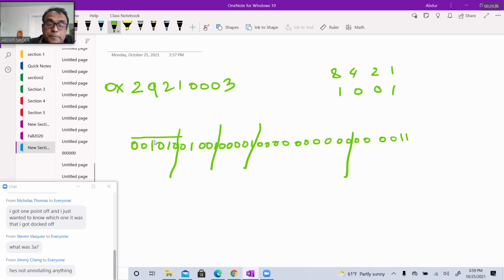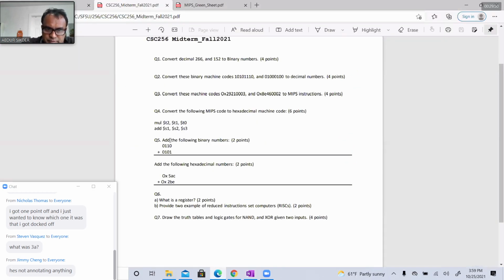So now you look at the reference sheet. 001010, basically 10. It says what kind of operation.